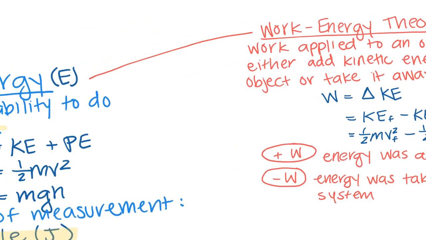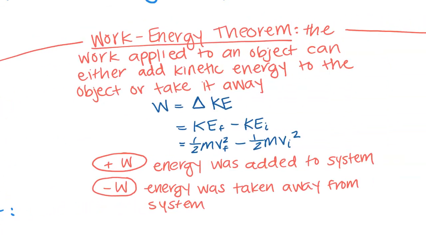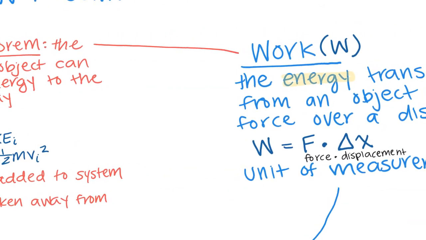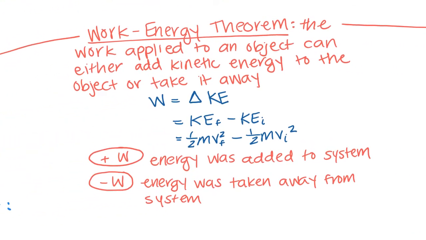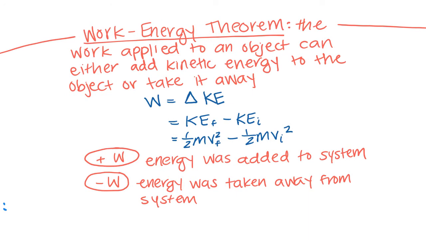So you see, this is why I love these mind map notes. You can see how this is kind of bridging the gap between work and energy. So our work-energy theorem, I'm going to highlight this for you all.